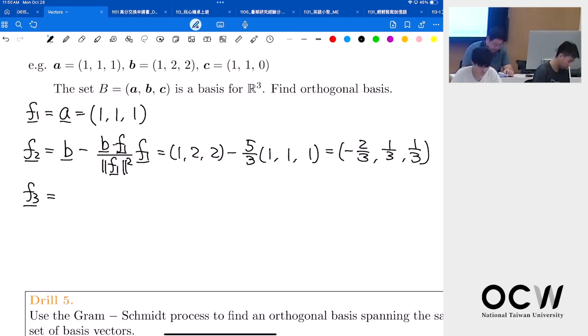And the next vector, F3, we need to deal with the vector C. So I want to remove the components or the portion in F1 and F2. So C dot product with F1, and here should be F1 and F2.